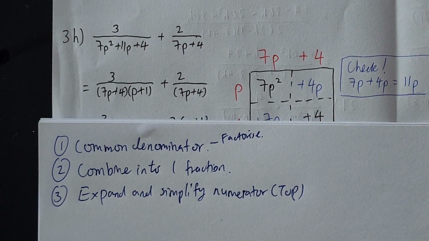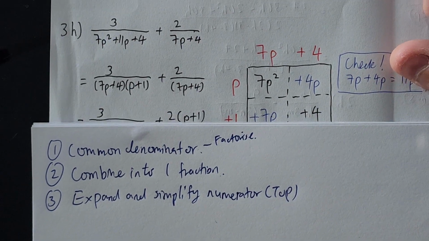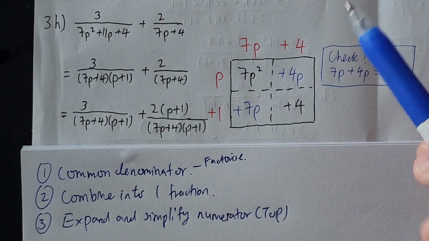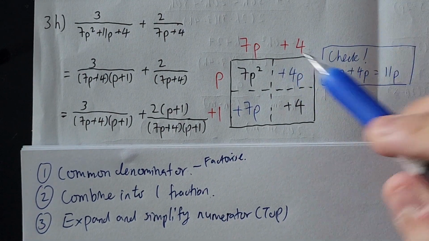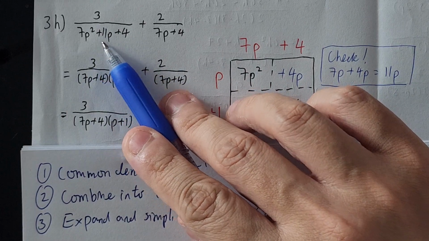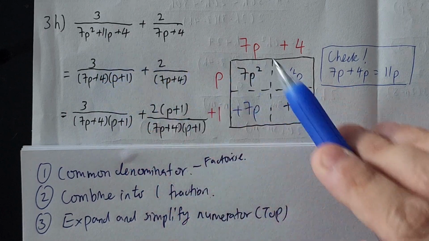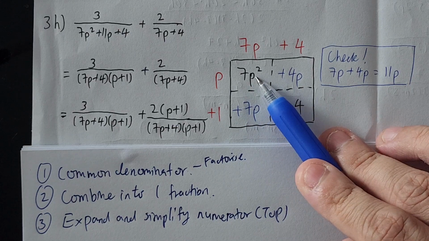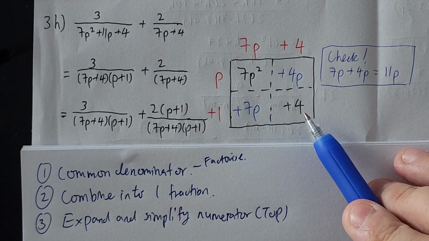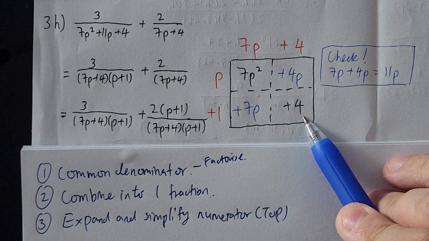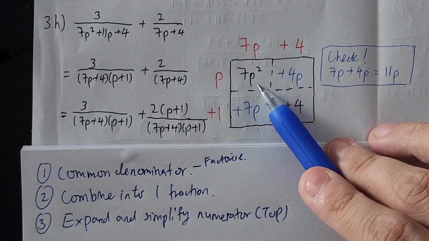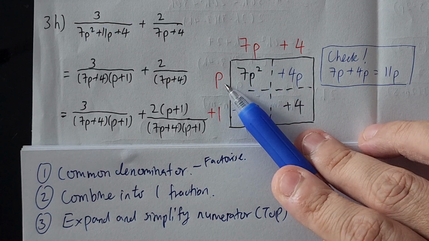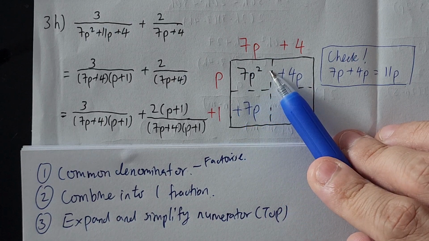Now, a bit of recap on how to do the factorization. I want to factorize 7p square plus 11p plus 4. I use the area method, with 7p square on the top left and the constant on the bottom right. 7p multiplied by p gives me 7p square.